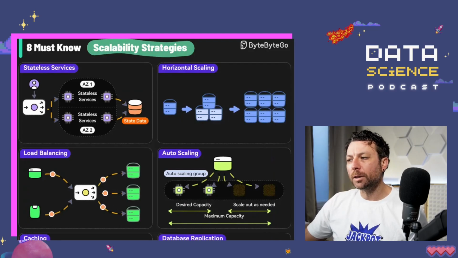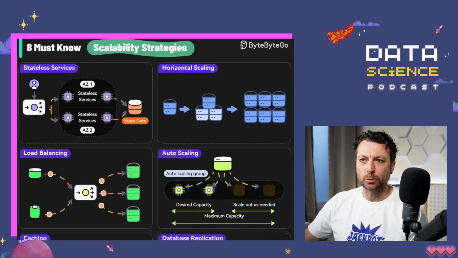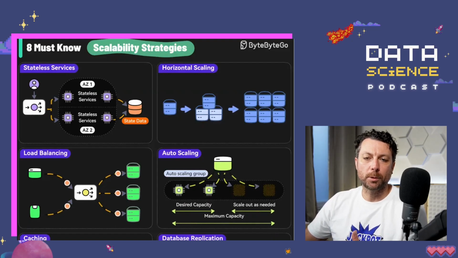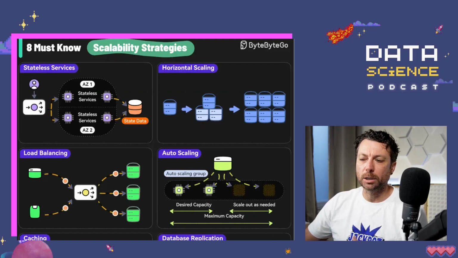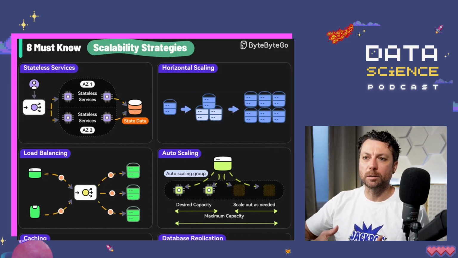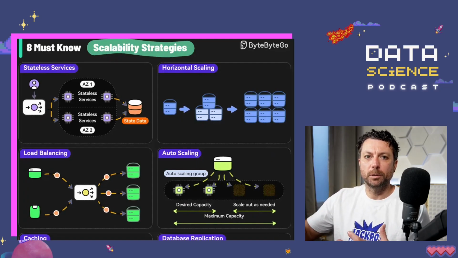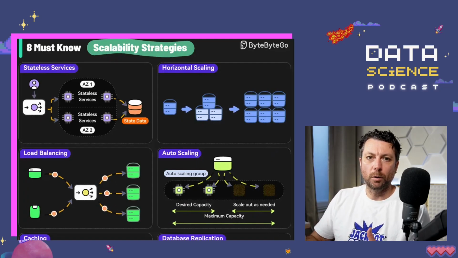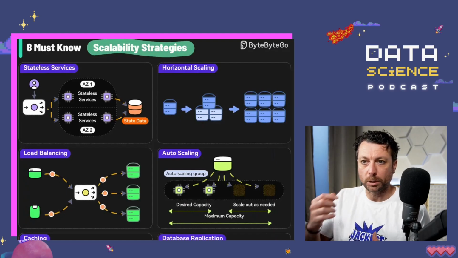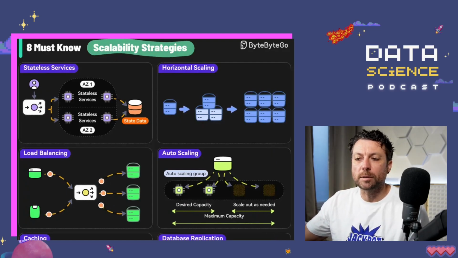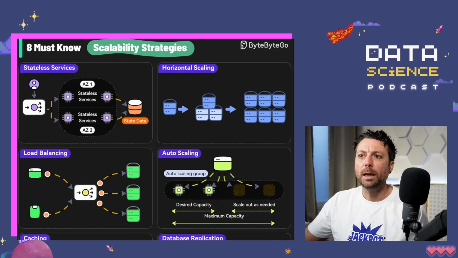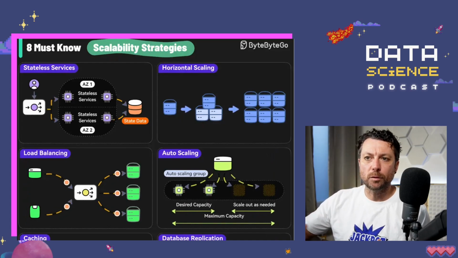Now, horizontal scaling is a classic way to share workload by adding more servers rather than upgrading a single machine. So whenever you hear horizontal scaling, especially in corporate, what they are actually doing is adding machines to their data warehouse and increasing the capacity of their information system. That's what it is. With a traditional machine learning example, let's say you have a model serving thousands of predictions per second.